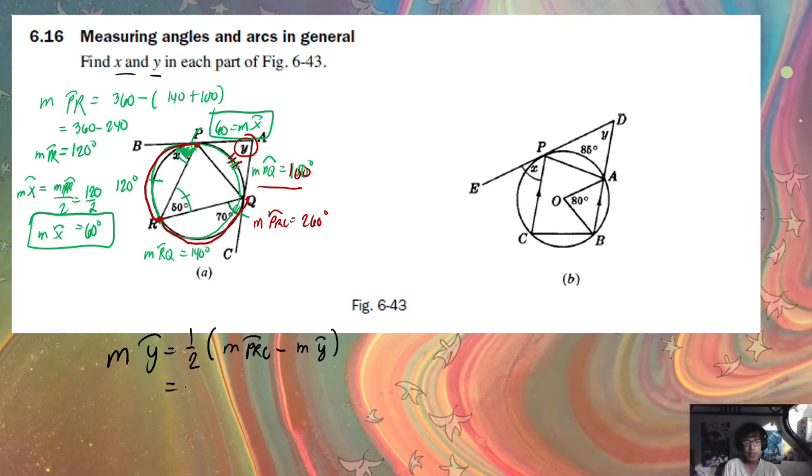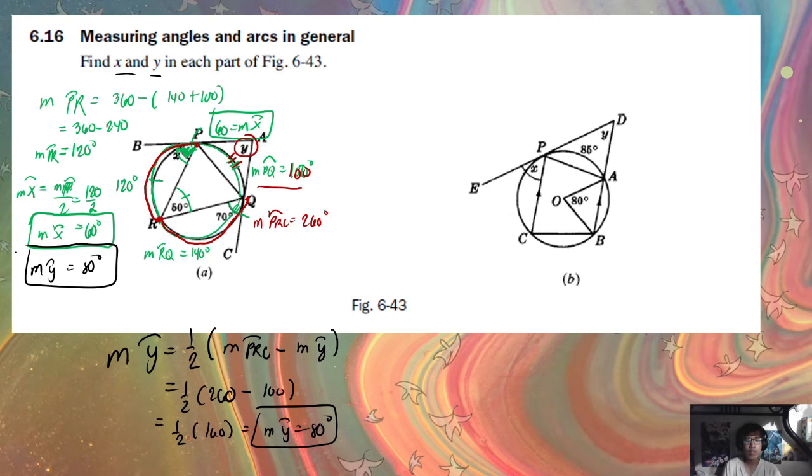And this is going to give us 1/2 of 260 minus 100. And that should give us 1/2 of 160, and therefore the measurement of angle Y is just 80 degrees. Therefore, the measurement of angle Y for our first problem is just 80 degrees. And we were able to solve it using angles between two secants and also inscribed angles.